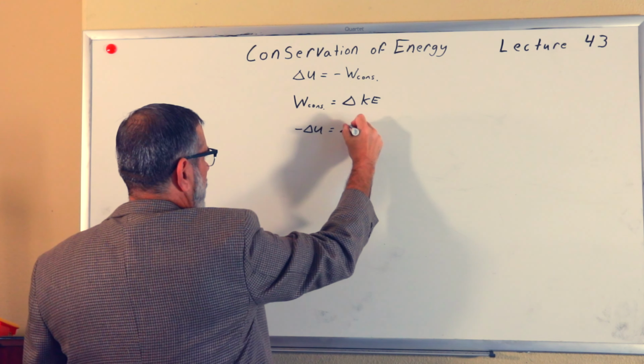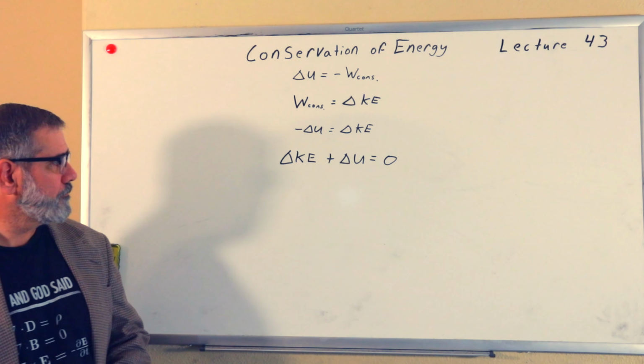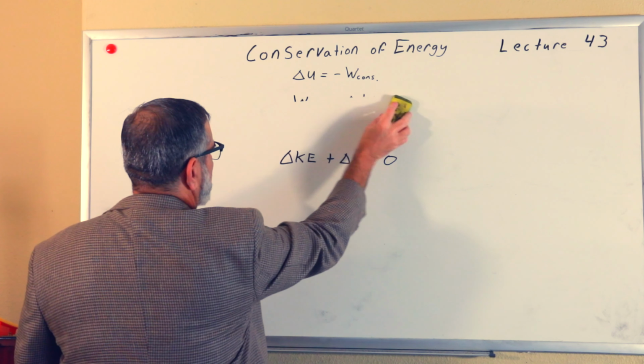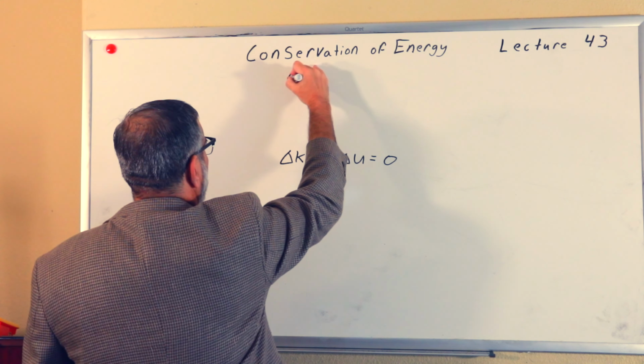We call this statement the conservation of mechanical energy, and that's what we're going to explore in this lecture. Let me rewrite this up here: delta KE plus delta U equals 0.